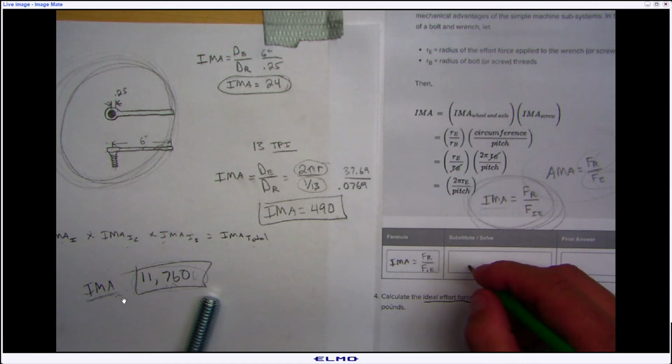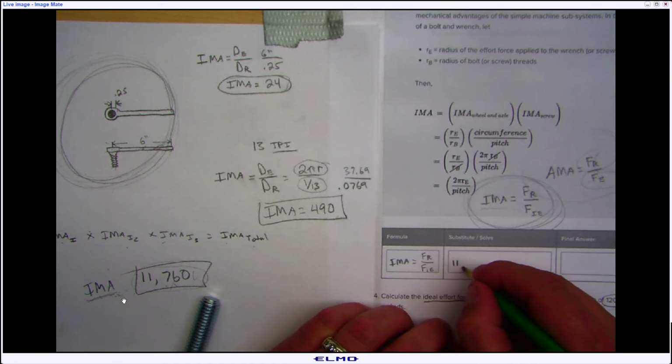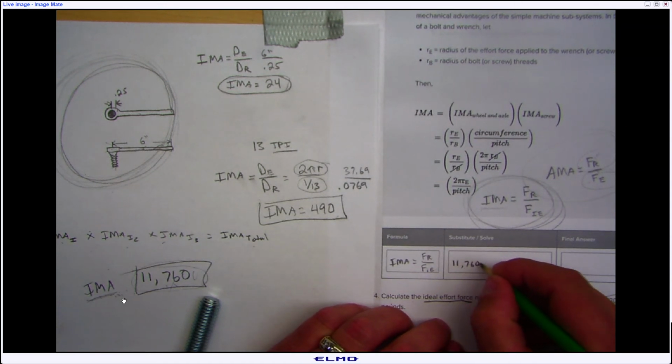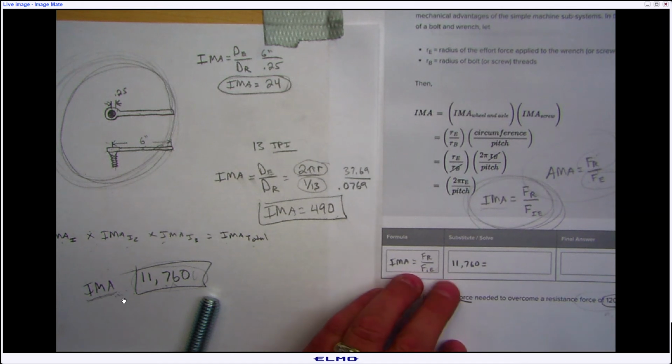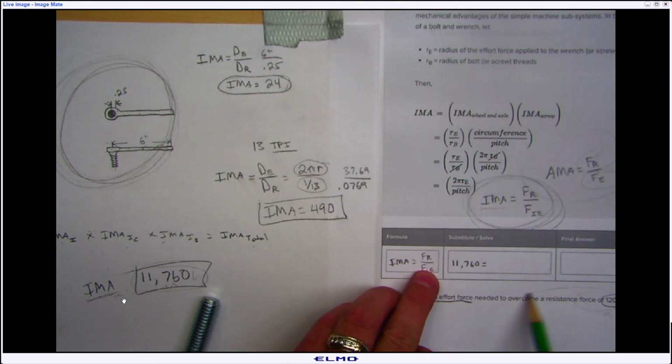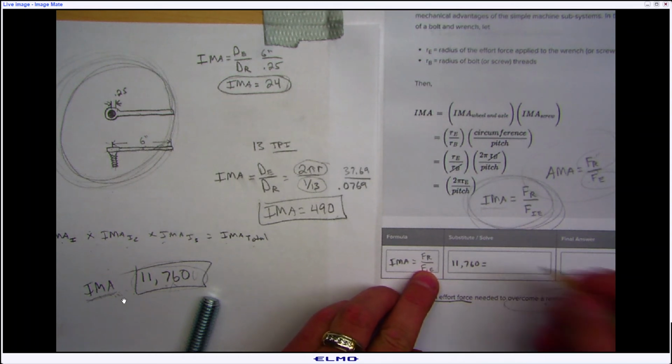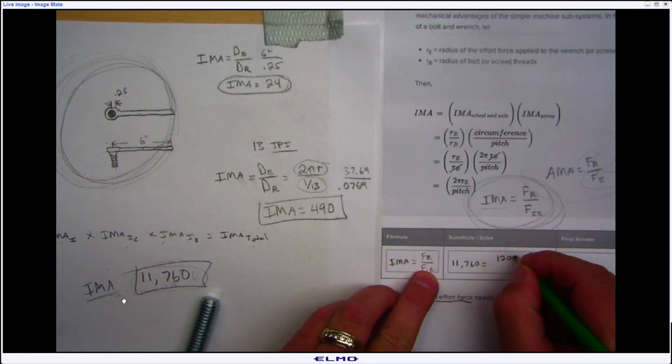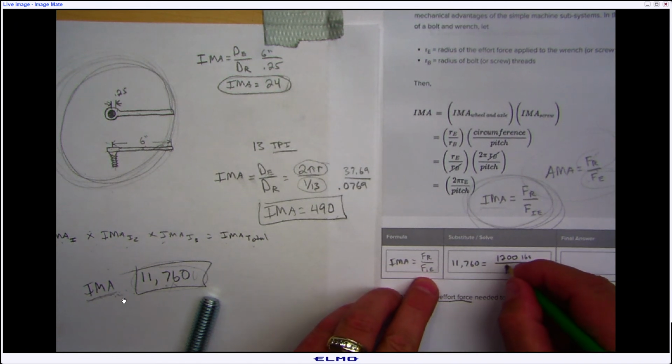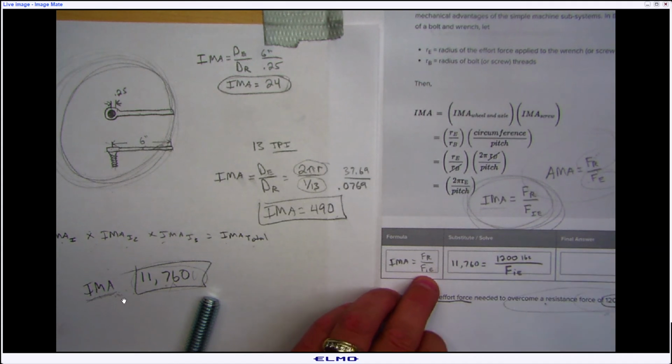So that gives me the substitution of 11,760 equals the force of resistance. They're telling us that here. We've got to overcome 1,200 pounds, so I put that up on top, and we want to solve for the force of ideal effort.